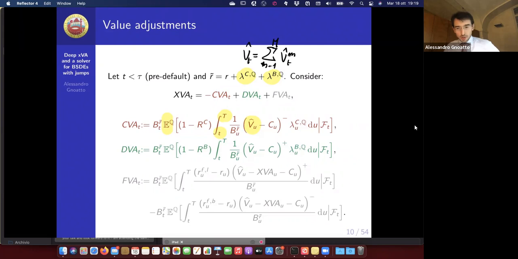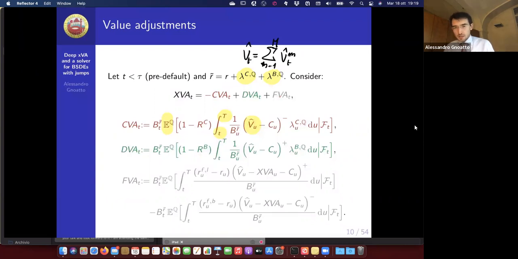Another thing that I want to mention before I move to the next slide is that the valuation adjustments have different structures. So look here, I'm writing xVA as minus CVA plus DVA plus FVA. So the CVA depends on a set of linear BSDEs which are hidden inside here.